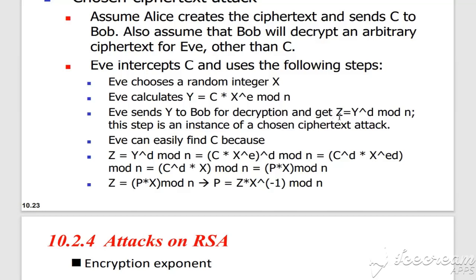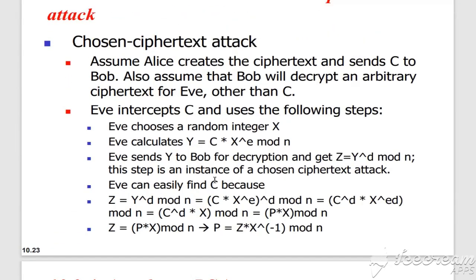If Bob has calculated this z value, then you can see the chosen ciphertext attack has been performed. Now Eve can easily predict the plaintext, where you can see z has been given as this, and whatever you have got previously, you put the y value here.